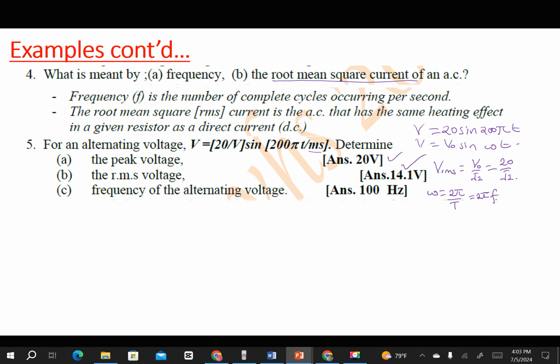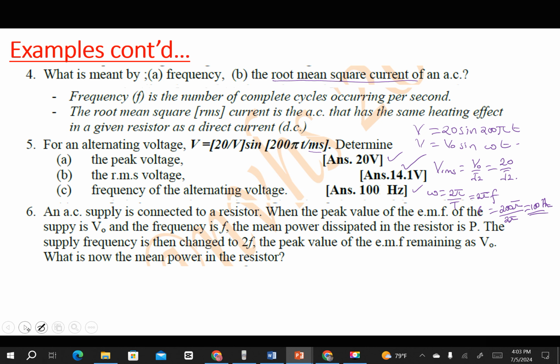So omega is 2 pi f. So to find the frequency, I can simply say that frequency is going to be omega divided by 2 pi, and when I compare the equations, omega is 200 pi. So this is going to be 200 pi divided by 2 pi, which gives us 100. So I think these answers are going to be correct.